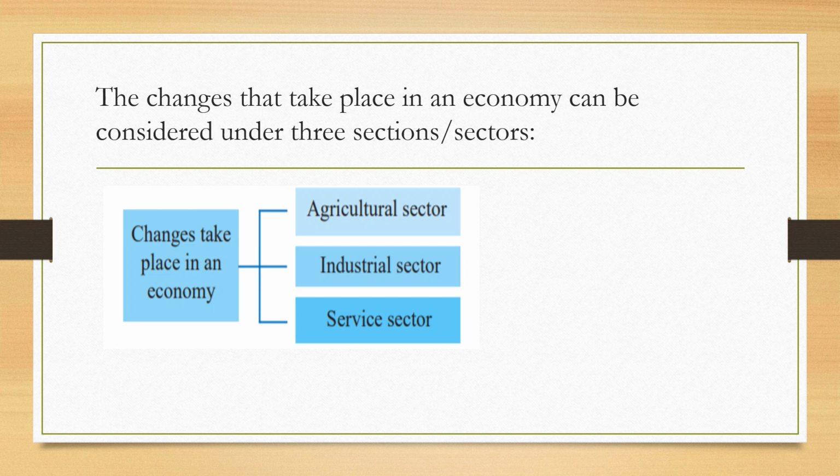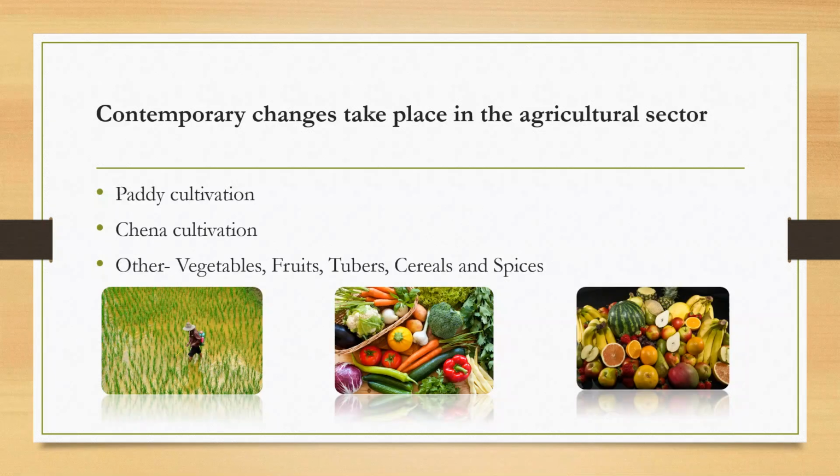In Sri Lanka, we see most of the people are engaged in the agricultural sector, and the larger contribution to the government is derived from the agricultural sector. We will see contemporary changes that take place in the agricultural sector.